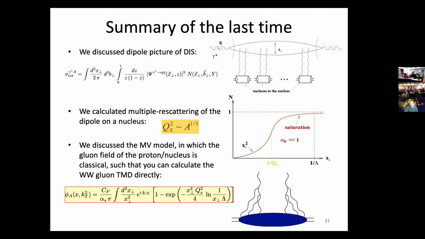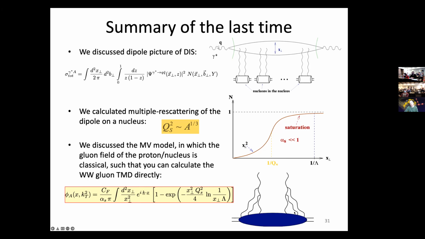Classical gluon field one can calculate for a single nucleus. One can actually solve the classical Yang-Mills equations, find the field A_mu of a single nucleus, and one can actually calculate the corresponding TMD, the so-called Weizsäcker-Williams gluon TMD, directly by calculating a correlation function of 2 of those classical fields.